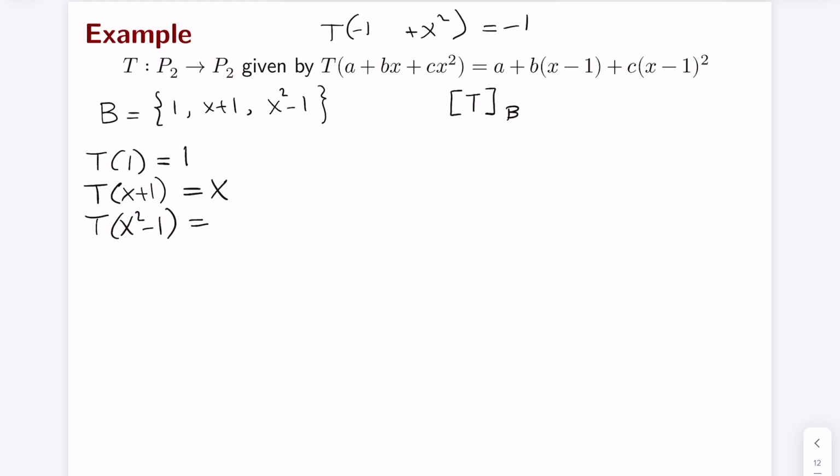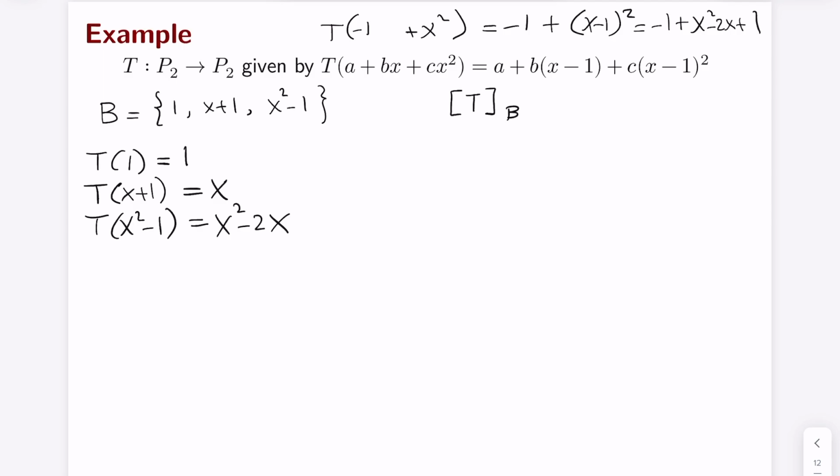There is no term in x, so all this part will be 0, and then plus c, which is 1, times x minus 1 squared. So this is minus 1 plus x squared minus 2x plus 1. So in other words, the 1 and minus 1 cancel, and we get x squared minus 2x.